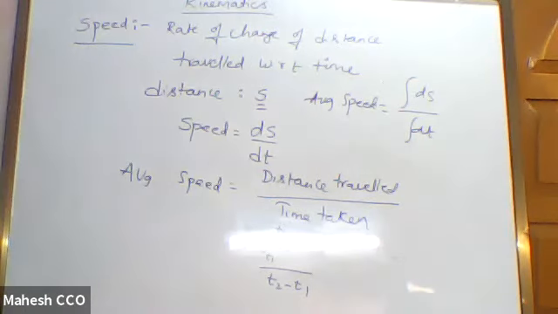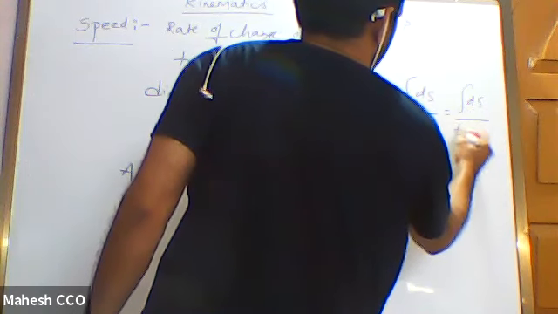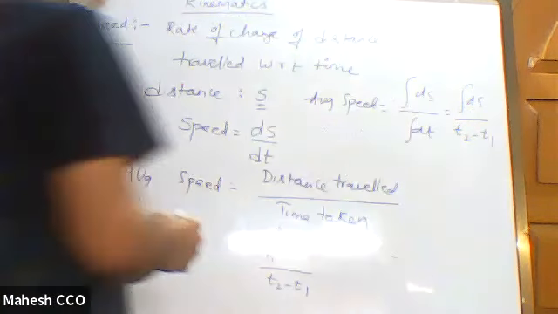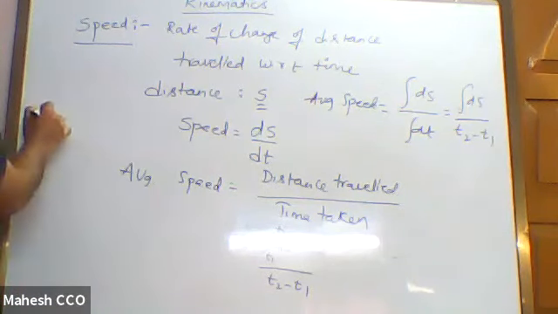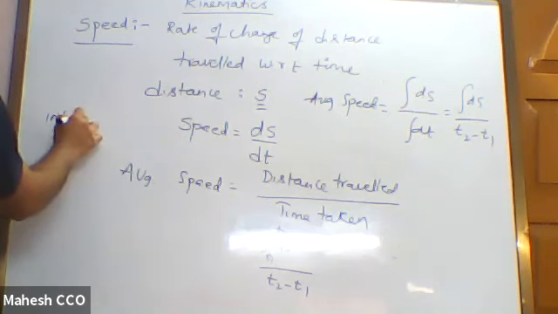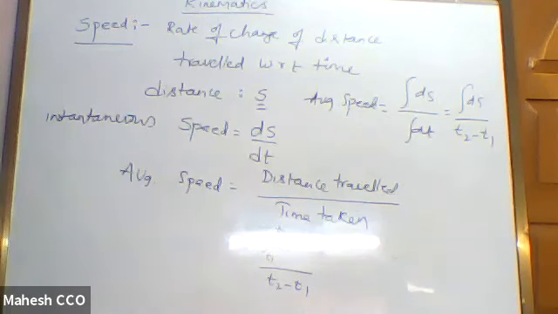It is integral ds by integral dt, which eventually converts to integral ds divided by T2 minus T1. That is average speed. Now this speed that we generally talk about is now changed to instantaneous speed. So please make a note, those of you who want to make a note.